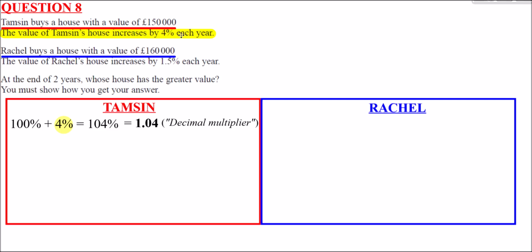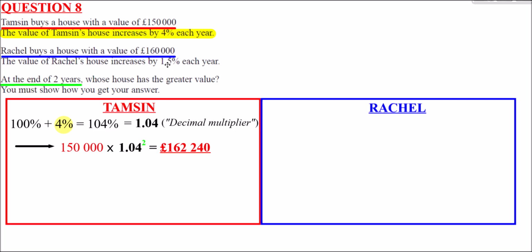It increases in value each year, and here we're talking about 2 years. So to work out Tamsin's house's final value we do 150,000 multiplied by 1.04 squared, because it's 2 years. So 150,000 times 1.04 squared, that'll give 162,240.